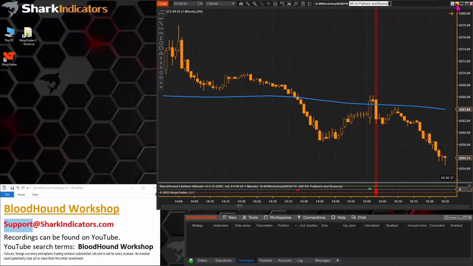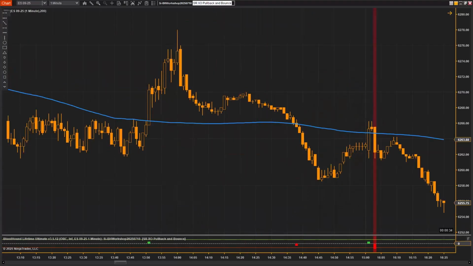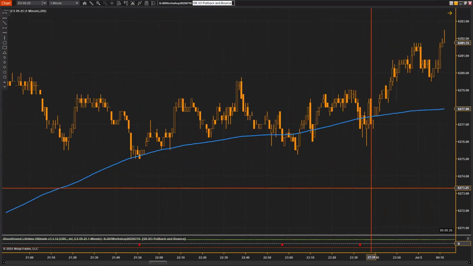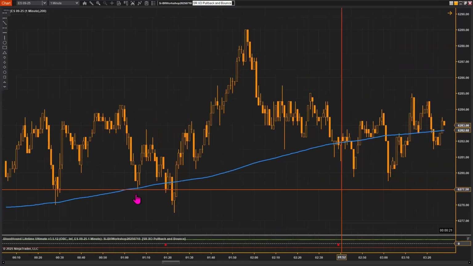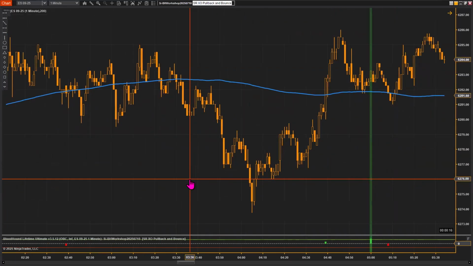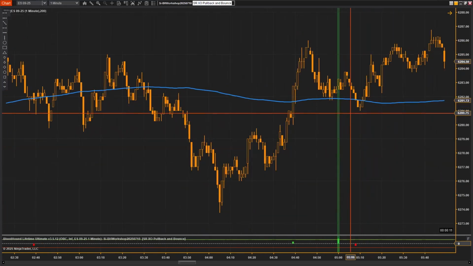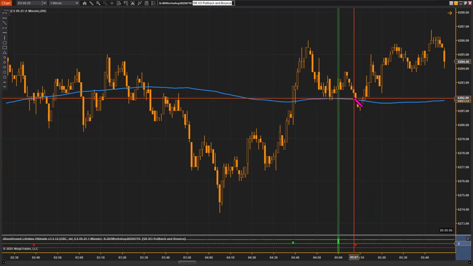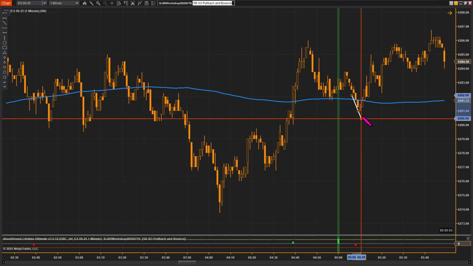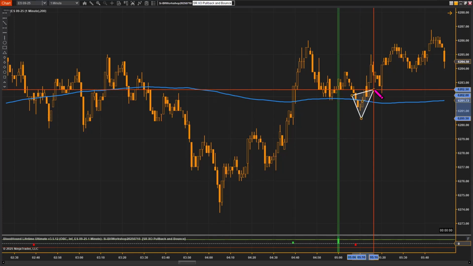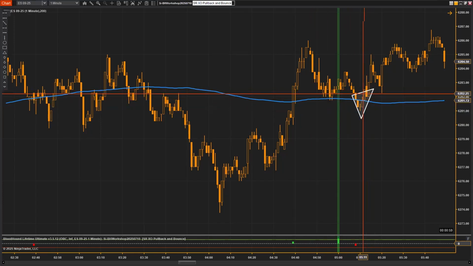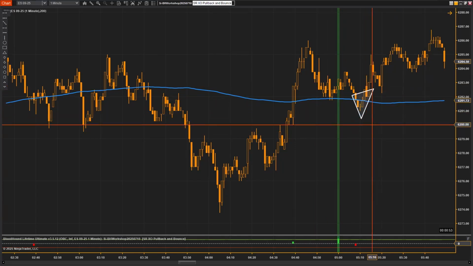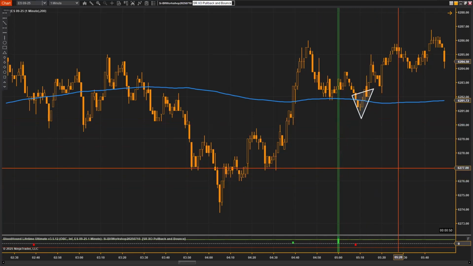So let's go back on the chart and hopefully I can find it. Yeah, it was this point right here. I should mark that. It was somewhere in here. We had two long signals here. So I think that was the issue.